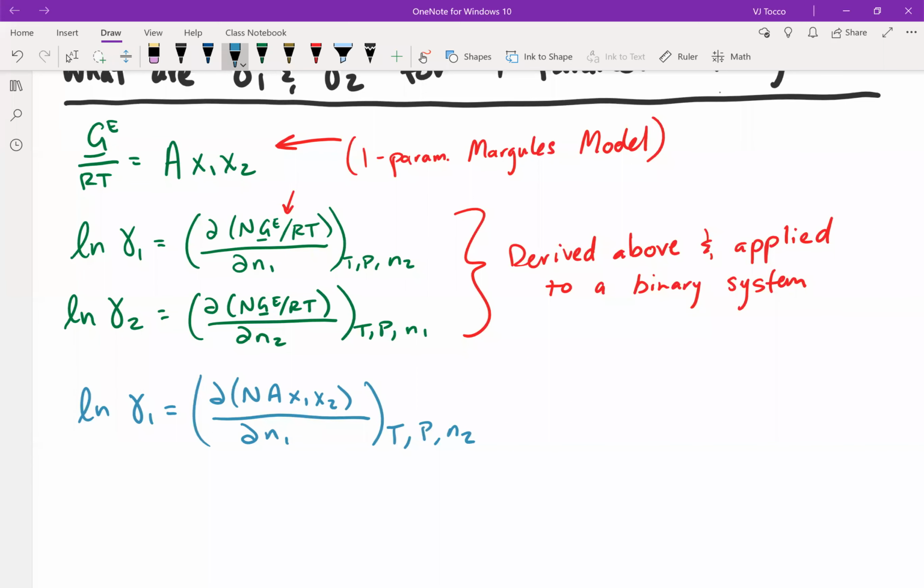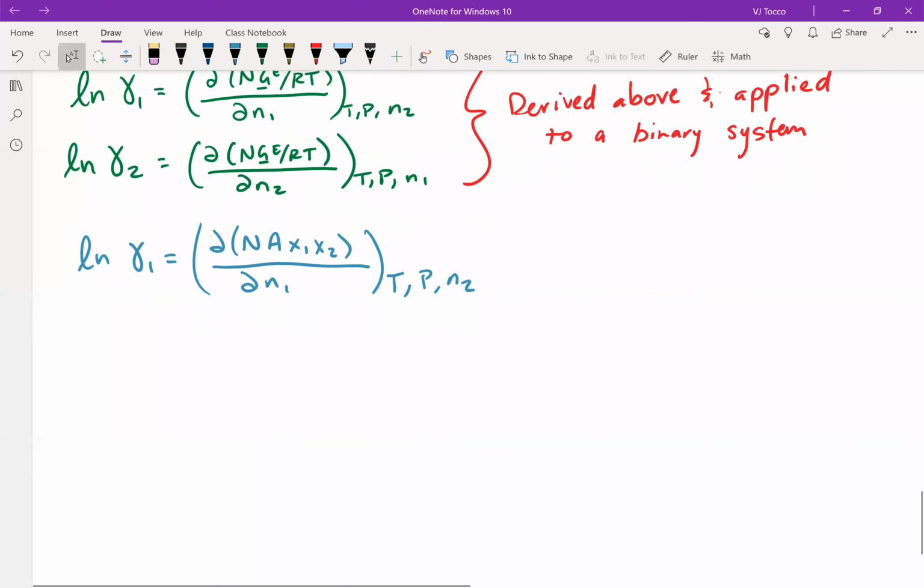Let's start simplifying this expression, keeping in mind that I shouldn't have changed the capital N. By my notation, big N is equal to n1 plus n2. Remember, big N here is the total number of moles.